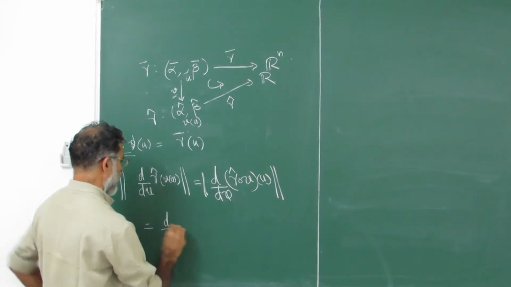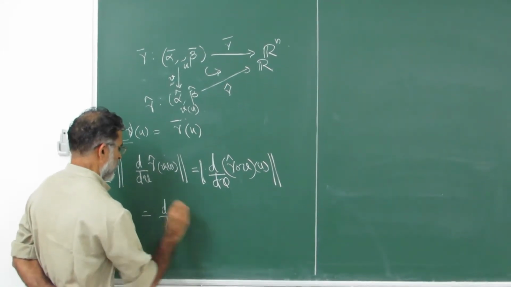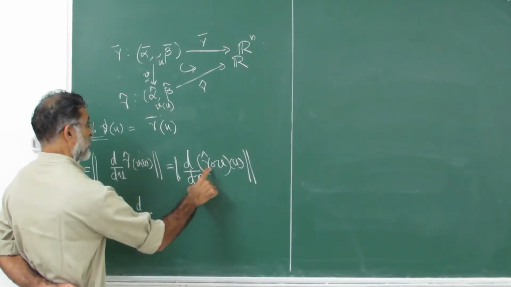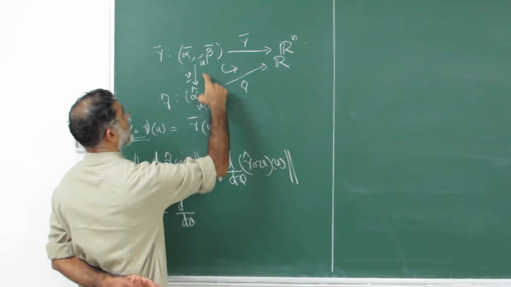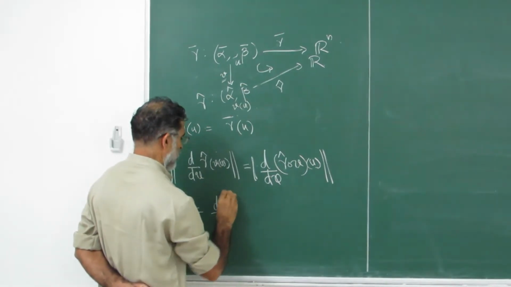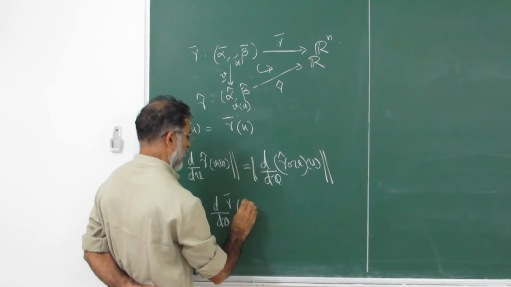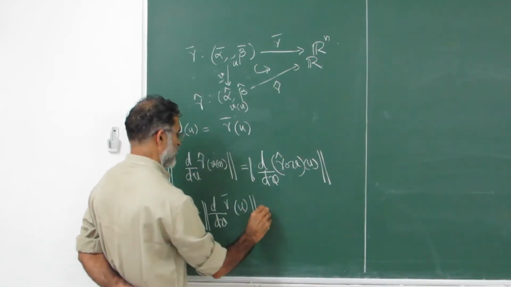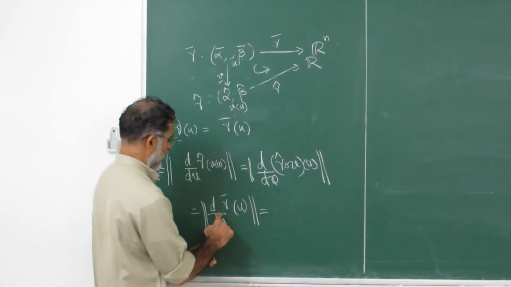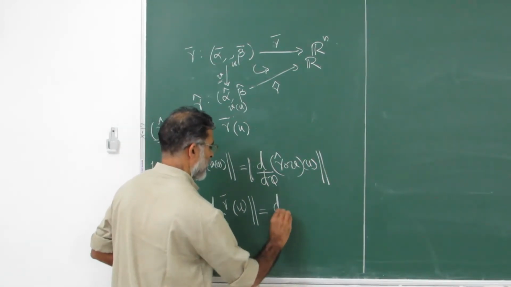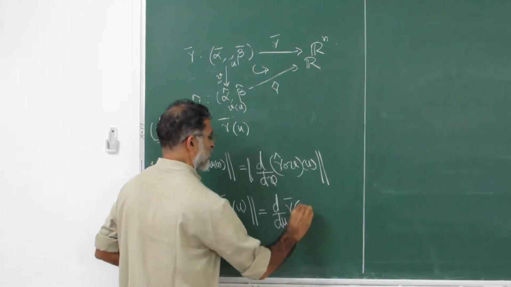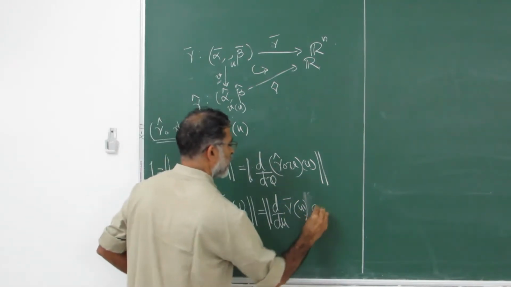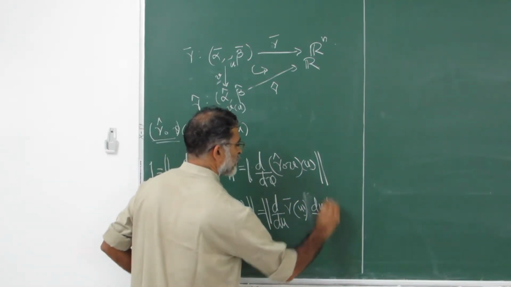That's what it is. That is equal to, now look at this, d by dv of gamma hat composite v, which is gamma bar. D by dv of gamma bar at u. So let us do this. This is actually d by du of gamma bar at u into du by dv.